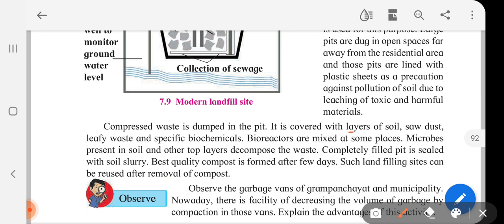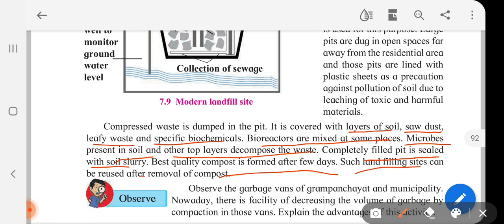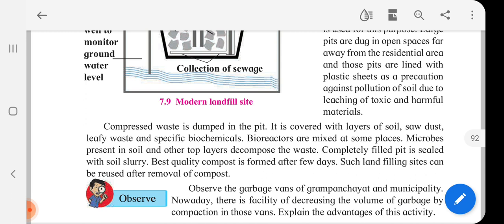It is covered with the layers of soil, sawdust, leafy waste, specific biochemicals. Bioreactors are mixed at some places. Microbes present in soil and other top layers decompose the waste. Completely filled pit is sealed with soil slurry. Best quality compost is formed after few days. Such landfilling sites can be reused after removal of compost.